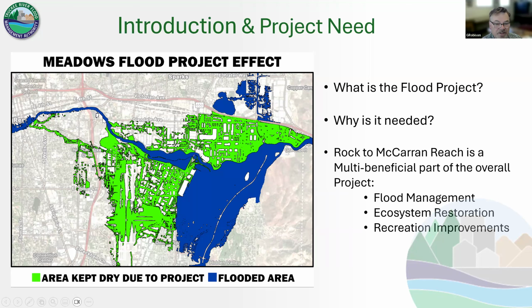If this area floods, this represents over $2 billion in economic damage. While I know everybody really cares about ball fields or more nature access along the river, and those are very important things, this is really important too.